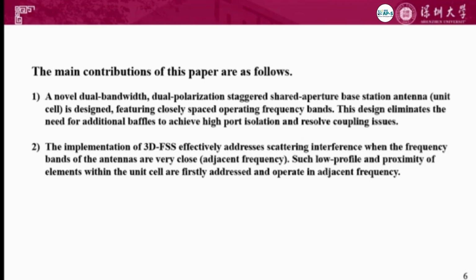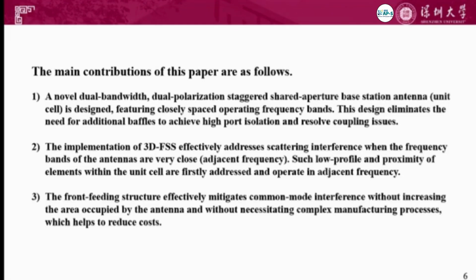Such low profile and proximity of elements within the unit cell are firstly addressed and operate in adjacent frequency. The front-feeding structure effectively mitigates common mode interference without increasing the area occupied by the antenna and without necessitating complex manufacturing processes, which helps to reduce costs.